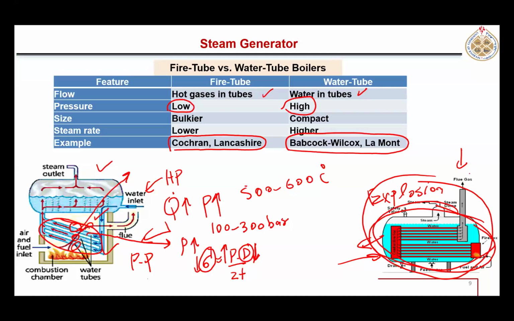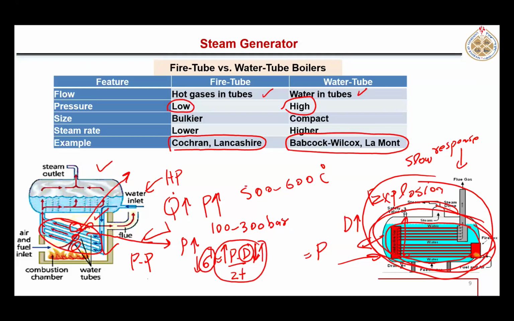So these fire tube boilers have a slow response, right? Because a huge amount of water is placed here, which is to be converted into gas. The shell diameter is very large, right? So that's why the pressure cannot be very high, because look at the same equation.